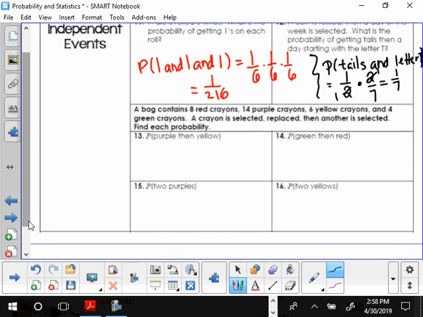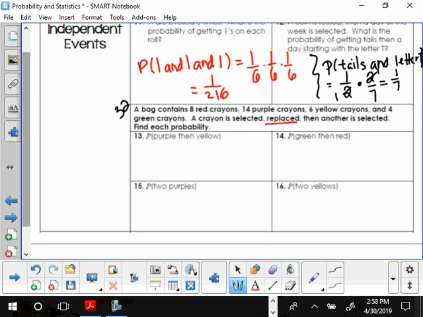Now the rest of these are going to deal with pulling crayons out of a bag. And we've got 8 red, 14 purple, 6 yellow, and 4 green, and that adds up to 32 crayons. So we got 32 crayons in our bag. And if you'll notice, it says that we're going to pull the crayon out and then replace it.